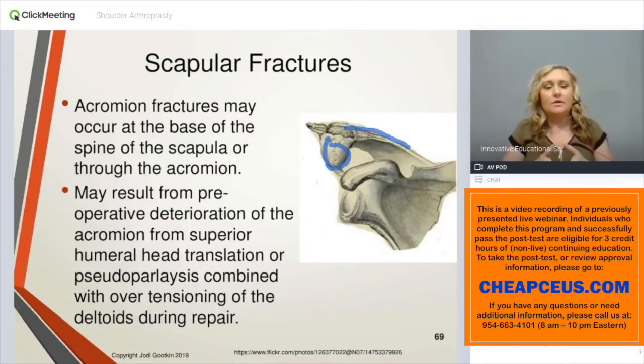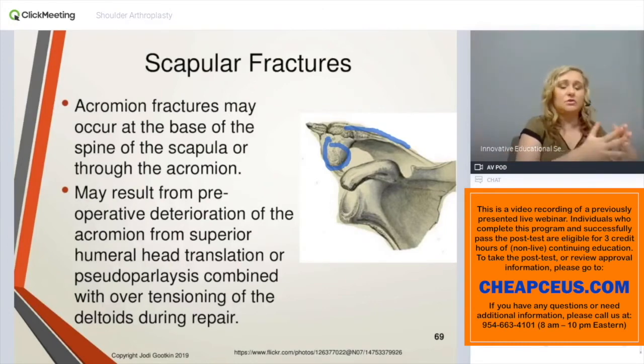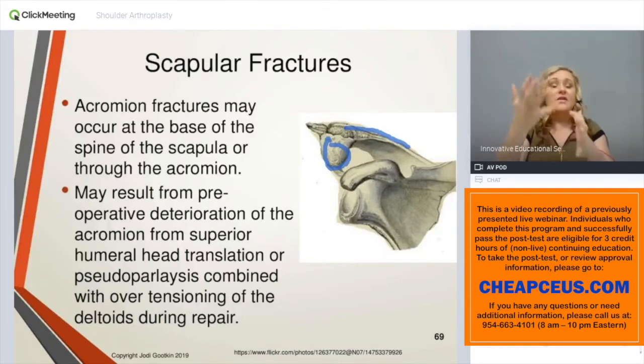It seems to be that at the point when the patient is starting active range of motion, if the alignment isn't appropriate or the mechanics aren't appropriate with either the total shoulder or the reverse, and we have that superior translation, that may cause this acromion fracture.